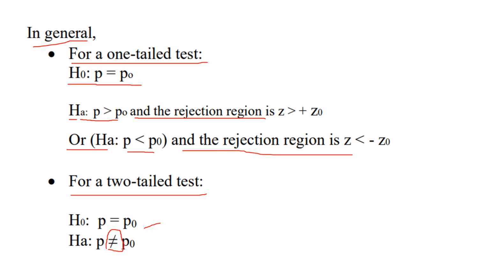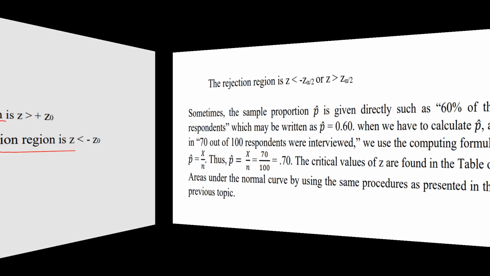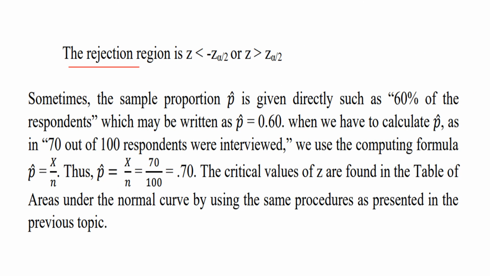Same thing with your null hypothesis: p is equal to p0, as in your one-tailed test. So the rejection region is Z less than negative Z sub alpha over 2, or Z greater than positive Z sub alpha over 2.